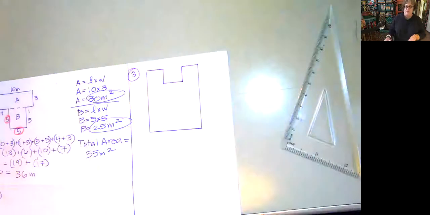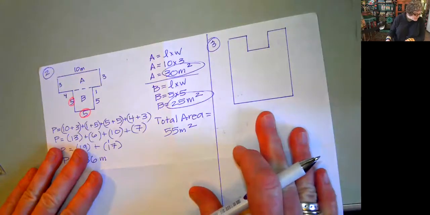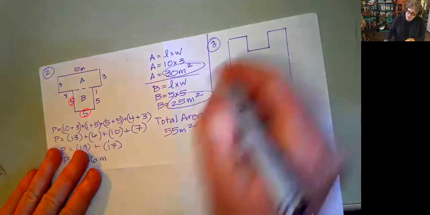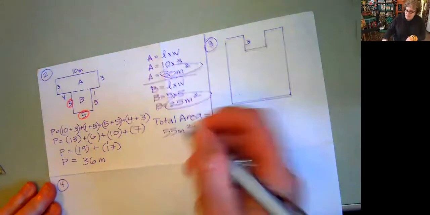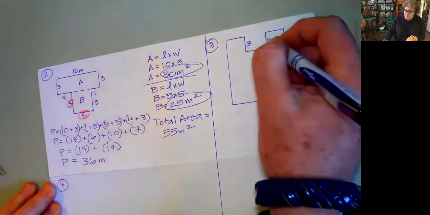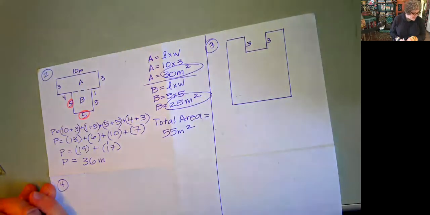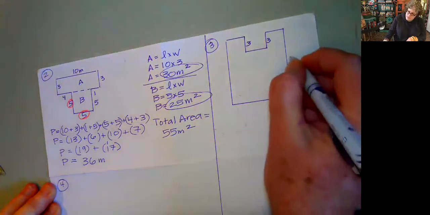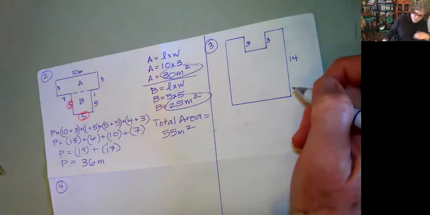Okay, thank heavens for drawing triangles. So let's write in what we know. We know that this is 3 because it's telling us, and they are the same length. So if I know this is 3, this is 3 too. And I just know that by looking at it. This is 14. They are the exact same length.